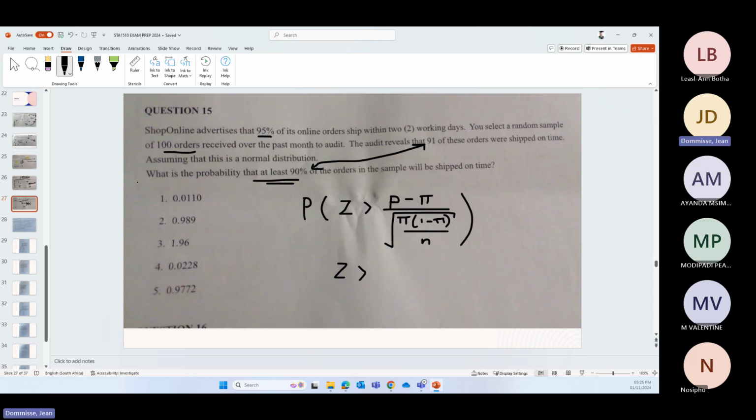Assuming that this is a normal distribution, what's the probability that at least 90?